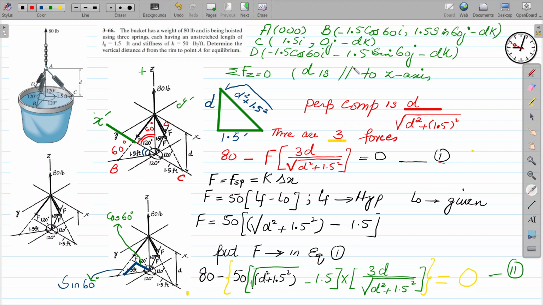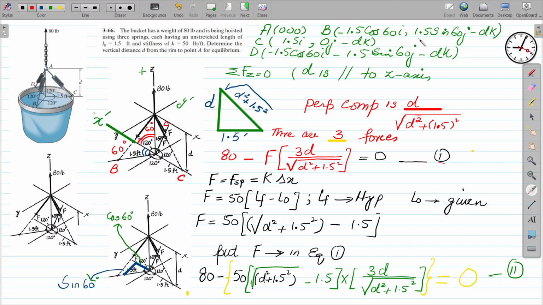But now, since we are going to the D point, it will be in this direction, and this direction is the negative y. So when we calculate D, it will be minus 1.5 cos 60 i, exactly like this, but the j component is 1.5 sine 60 j with a negative sign.